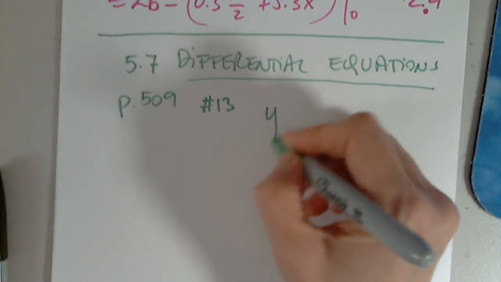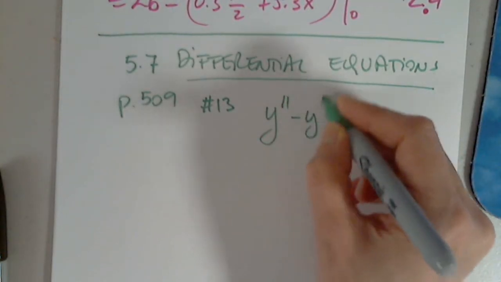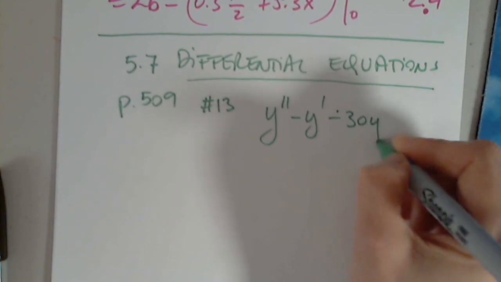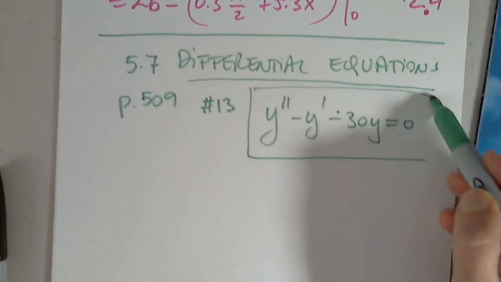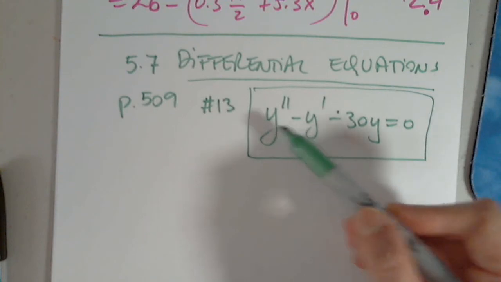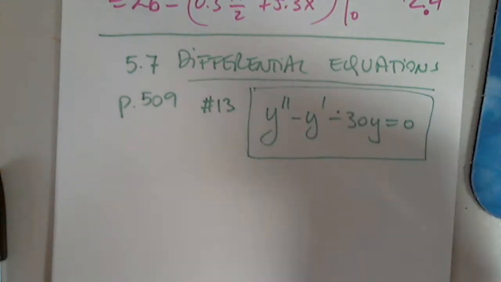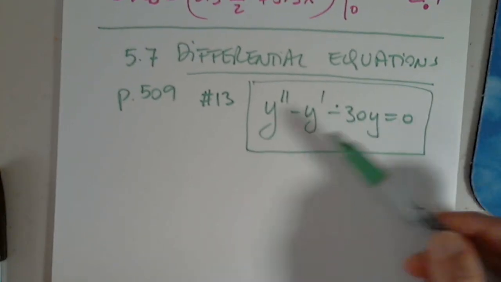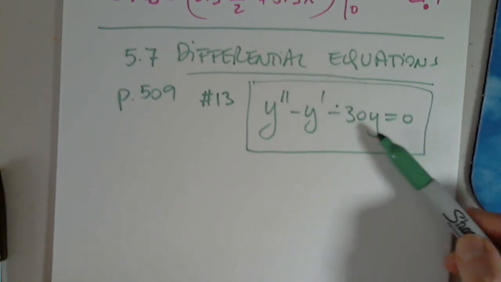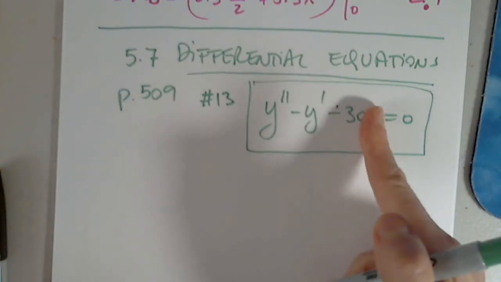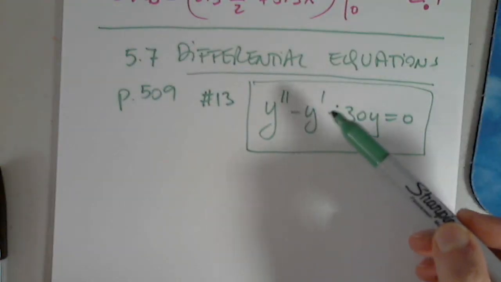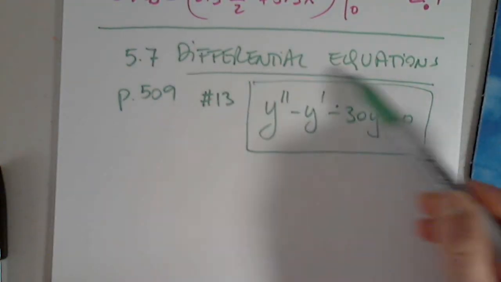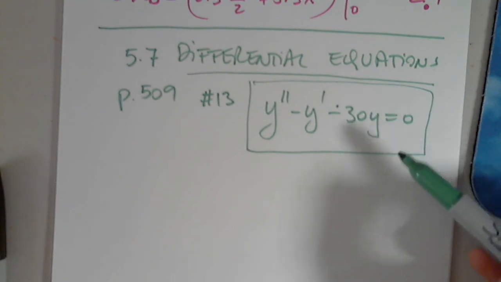And this is a differential equation. Why is this a differential equation again? Because it has at least one derivative in it, a first or second or both or more. It has the function, the first derivative and the second derivative. This is what is called a differential equation.